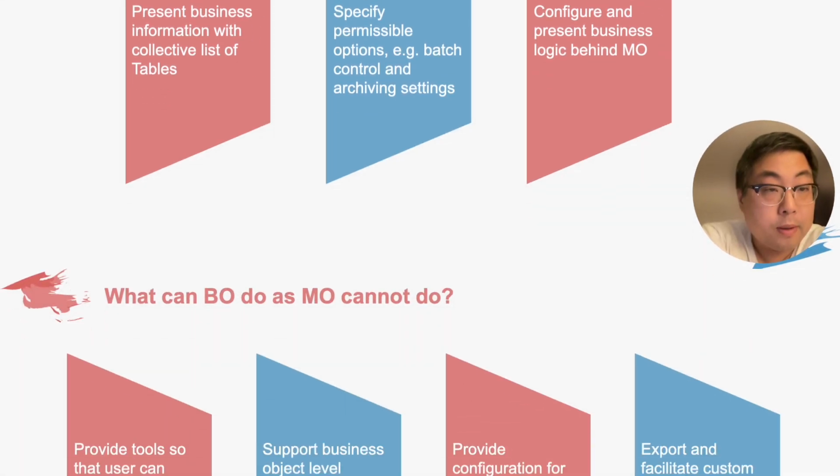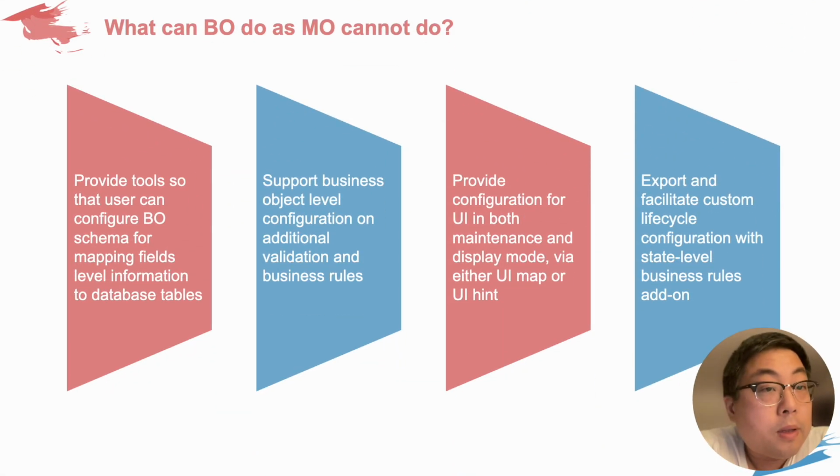Now, the second part I was going to talk about is what can the business object do, but the maintenance object cannot do. Okay, so for the business object, it actually provides the tools for users to configure, for example, the schema and all the field level information to the database tables.